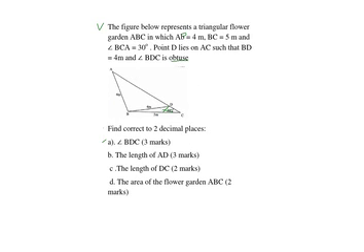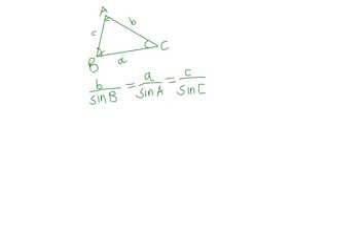Applying the sine rule, we can say that 4 divided by the sine of 30 degrees is equal to 5 divided by the sine of the angle in question, which is BDC.